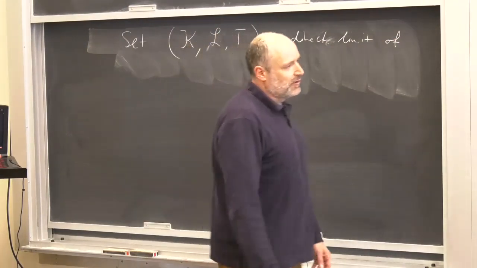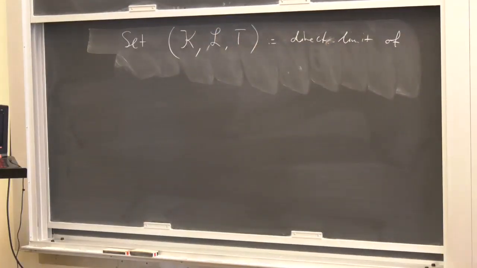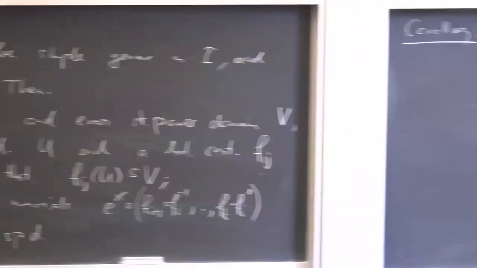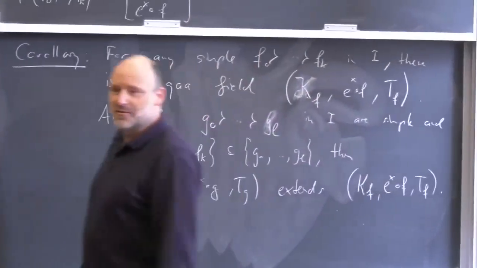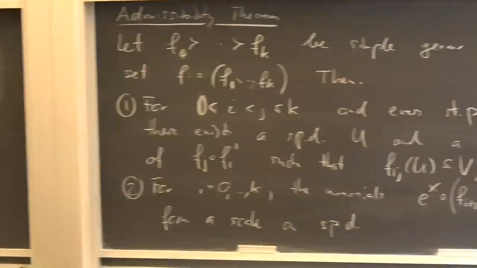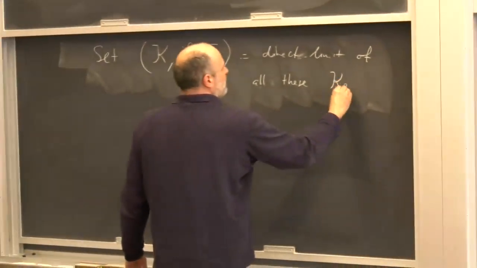In other words, the collection of all these QA fields is partially ordered by the order of these tuples, instead of these finite subsets of all these F.